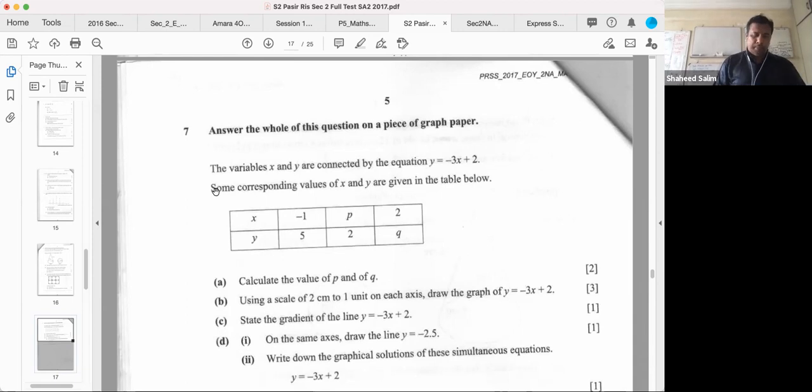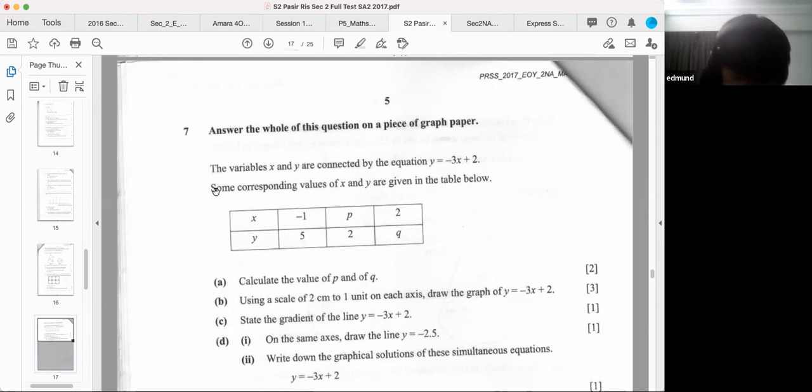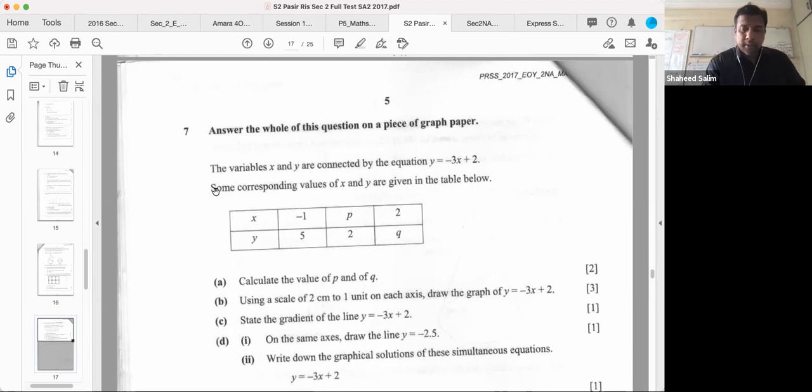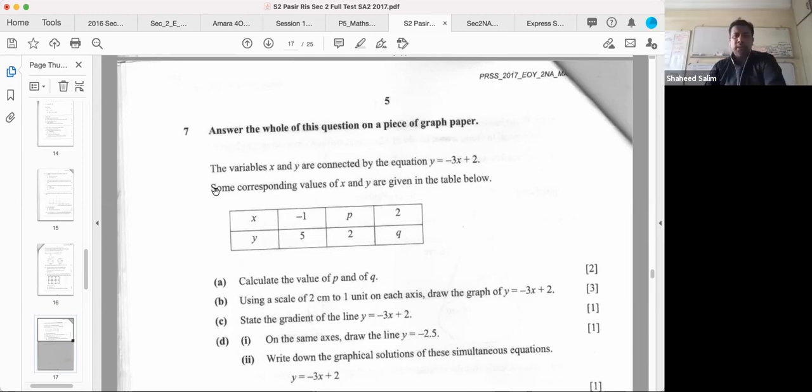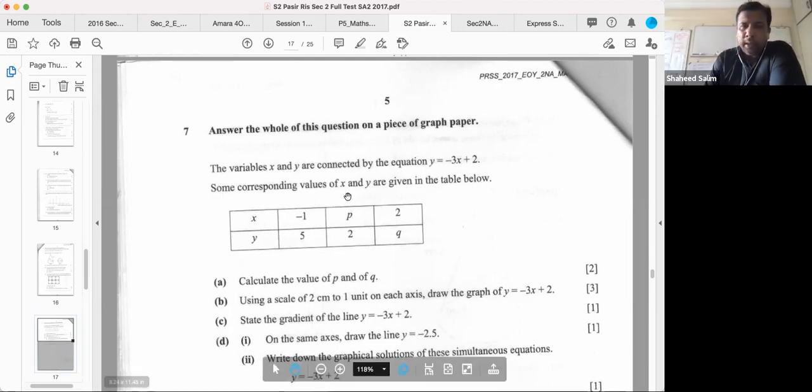Can you get P and Q? I got negative 3x equals to 0. Negative 3x equals to 0. Okay, you know how to find the value of P, right? Down here.